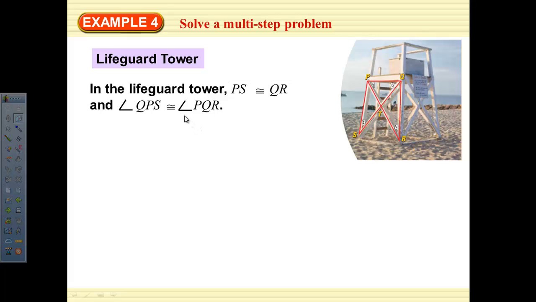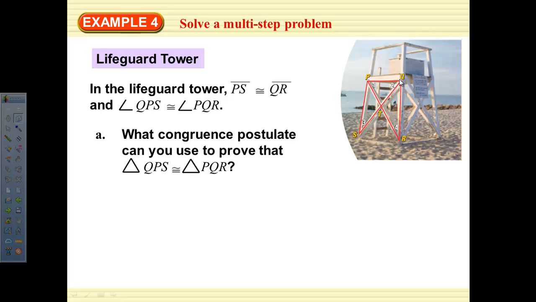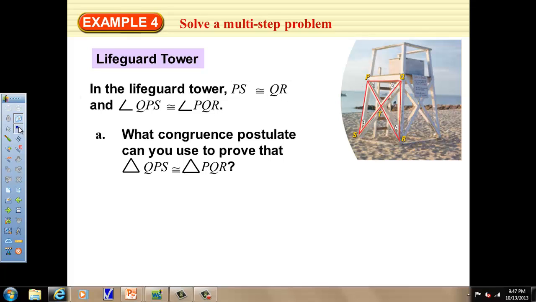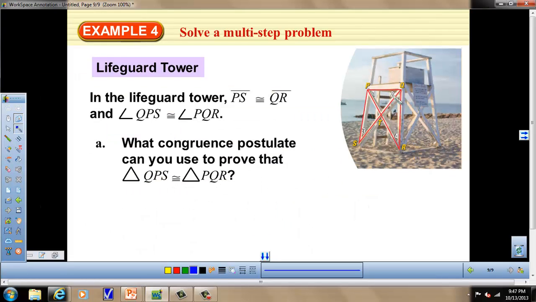For this next one, we want to look at two triangles here, and we want to be able to prove that QPS is congruent to PQR. One thing that helps a lot of times is when you see triangles like this where they're overlapping, again we have QPS and PQR, the best thing for you to do is to draw the two triangles separately and then just label the parts appropriately.